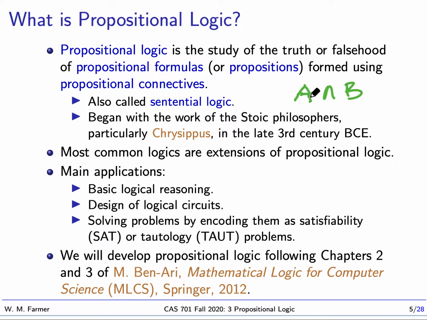A could be, my dog runs faster than any other dog in the neighborhood. And B could be, a double eagle is worth $20. In propositional logic, we don't care what the propositions are. We only care how propositions are put together using connectives and what truth values get assigned to them based on these connectives. So propositional logic is reasoning about propositions in such an abstract way that we don't really even care about what the propositions are.